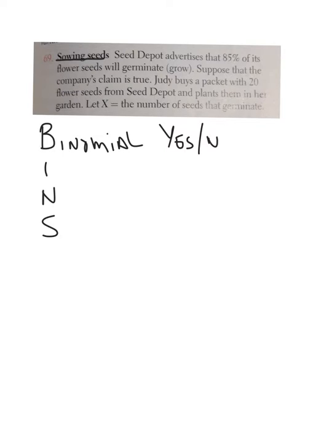Yes or no. Are they independent? And we are going to say that yes, none of the seeds influence any of the other seeds when they're planted. And then, is the number set beforehand? And the answer is yes, because she bought 20 seeds.